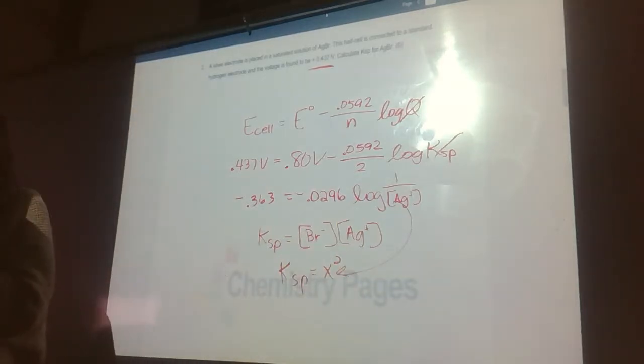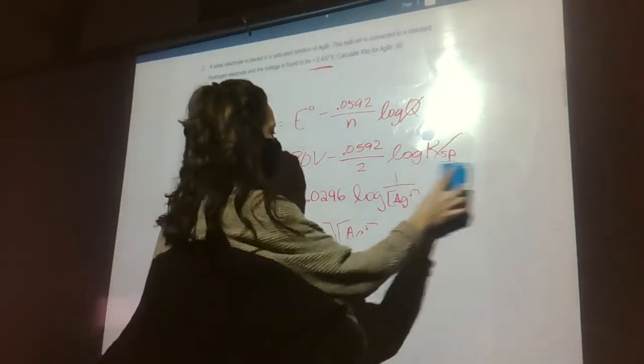That's more difficult than what will be on your test. There's no Nernst equation on your test. And I still stand by the fact that it should be 2. Questions? Okay.